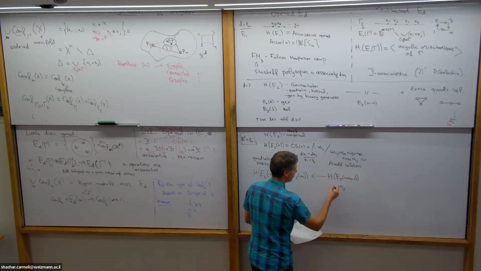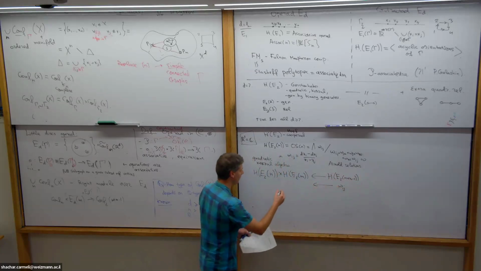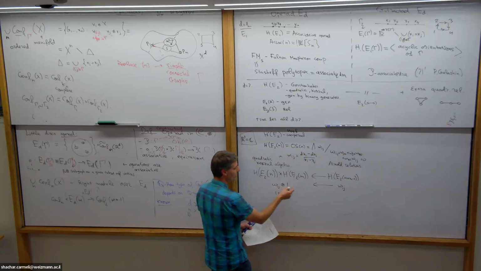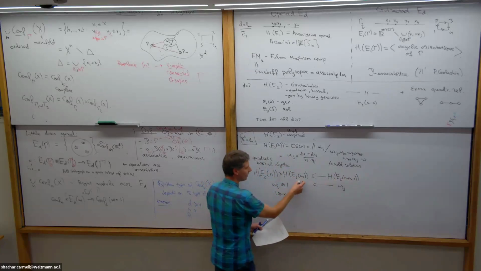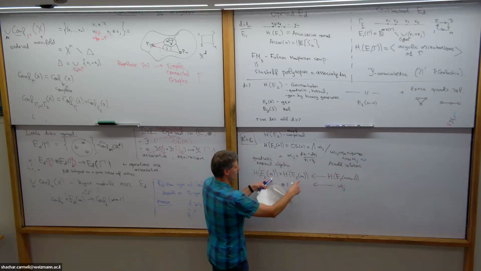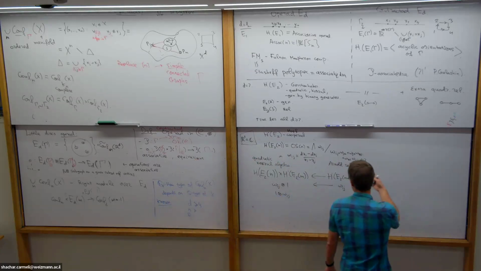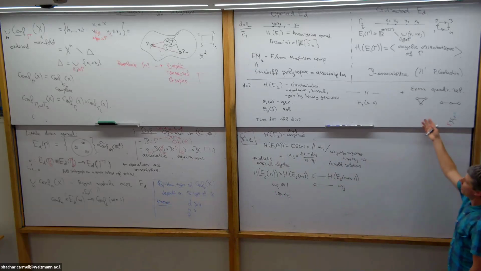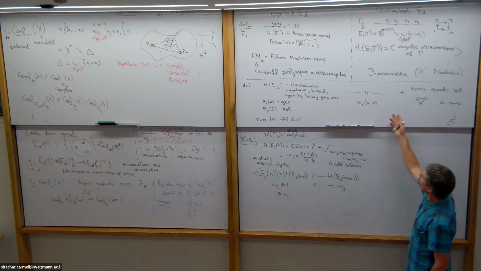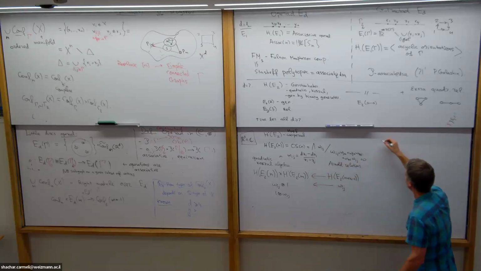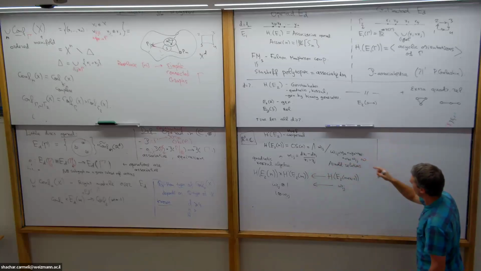So you only have to say where omega ij is mapped, and it is mapped to either omega ij times 1 or 1 times omega ij, depending on whether the points ij are on one side or the other. More or less the same story happens on the contractad level, but once again the difference is here.